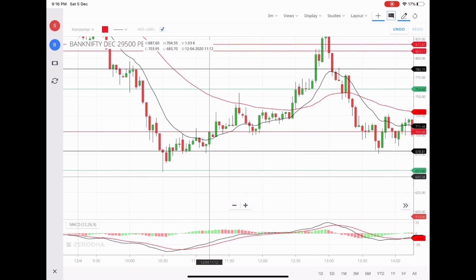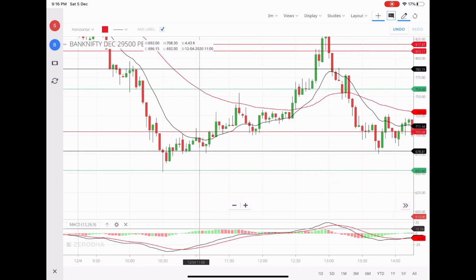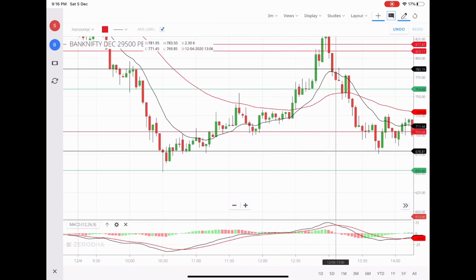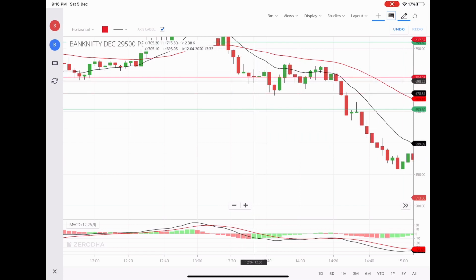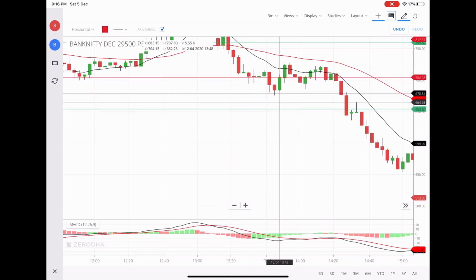Now let's look for another opportunity. Here there is a bullish crossover, so we can avoid trading from this candle up to this candle. Let's look for the opportunity from here. Here in this pair of candles there is no clear momentum, and in this pair there is a hesitation in the downward movement, so we can avoid this pair.